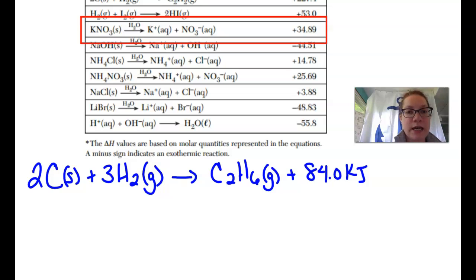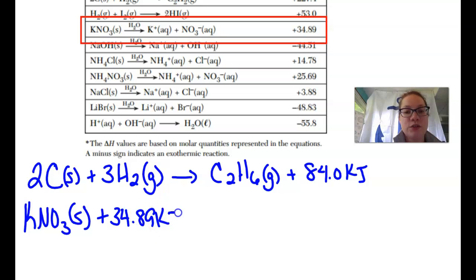We're going to say KNO3 solid plus 34.89 kilojoules yields, and I'm going to put my H2O above my yield symbol. The reason that we put it there is because it's kind of a reactant, but we don't want to have to deal with balancing it. And since in the products it's contained in the aqueous, we put it above the yield symbol.